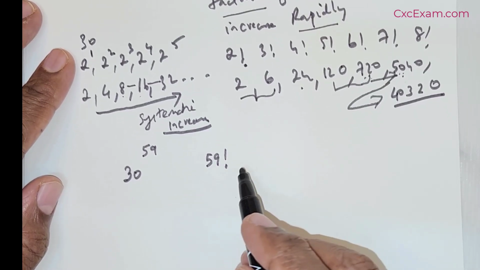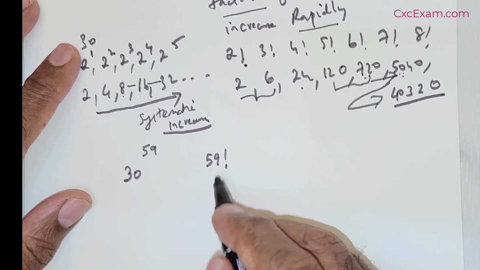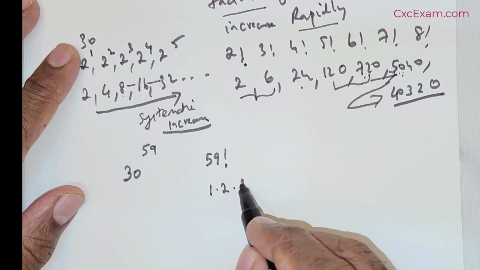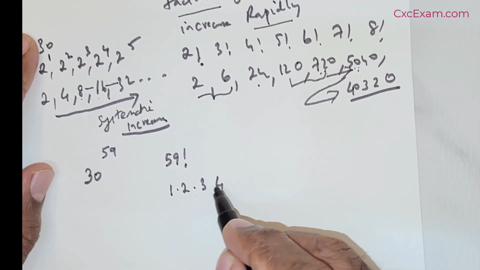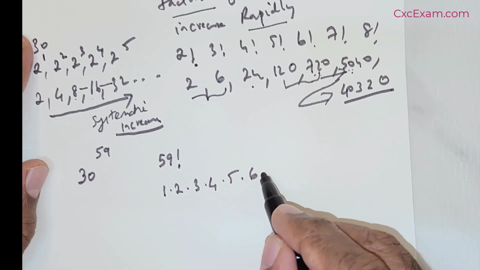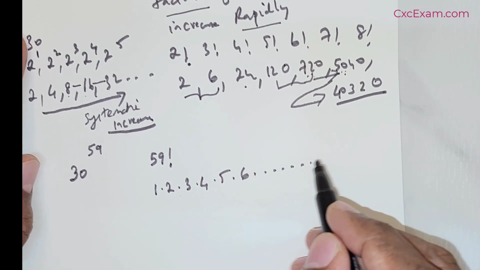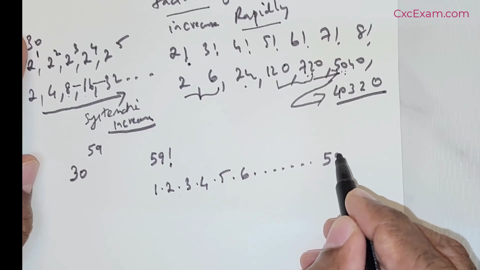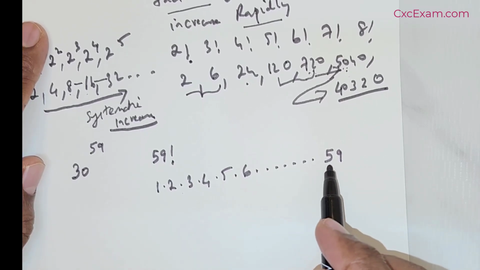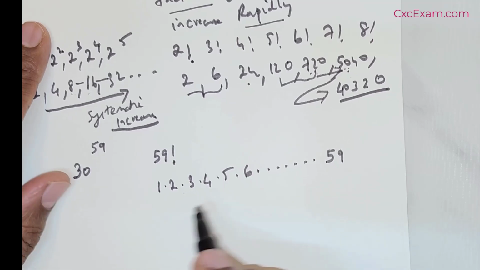Now if you were to write down the factorial for 59, it's going to be 1 multiplied with 2 multiplied with 3 multiplied with 4 multiplied with 5, 6, and it will go on all the way to 59. Now what I wish to do is couple the terms.